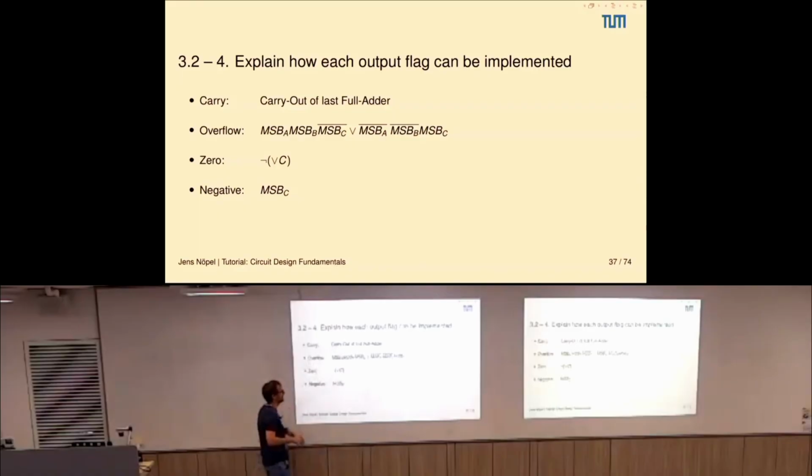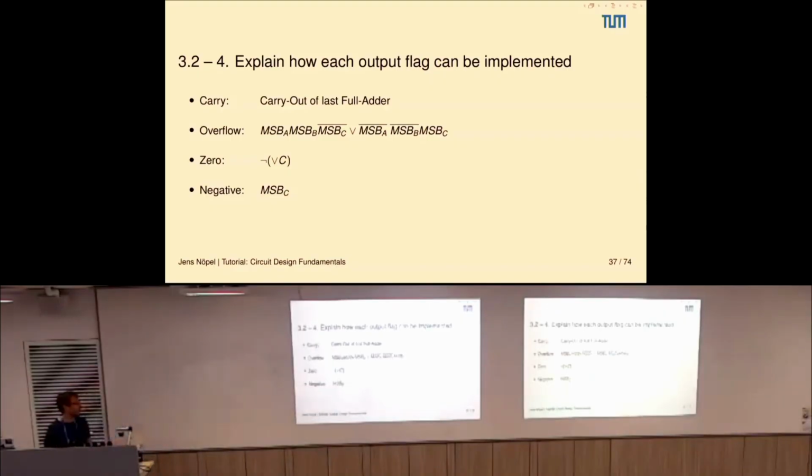So this tells us if we have a negative operand A and a negative operand B, and the result is positive, then we have an overflow. If we have a negative operand A, a negative operand B, but a positive operand C, then we also have an overflow.